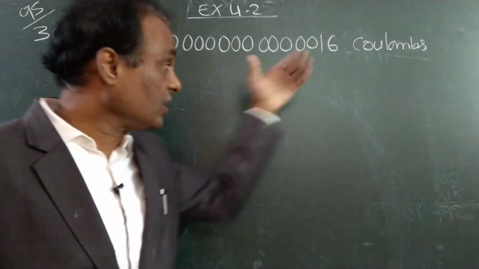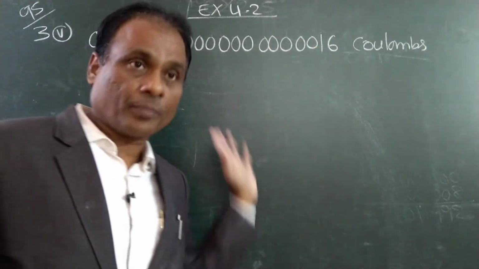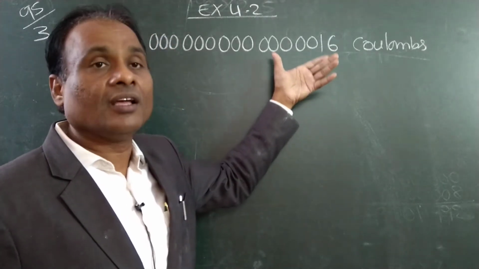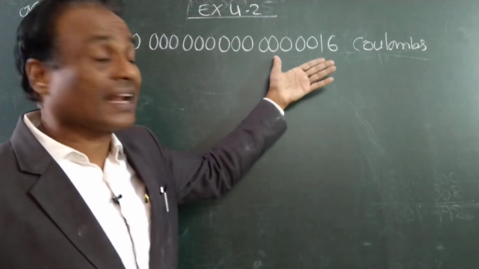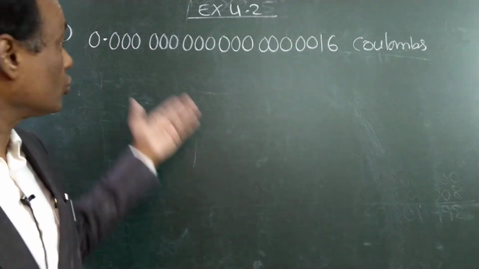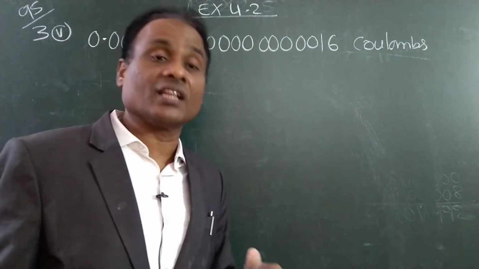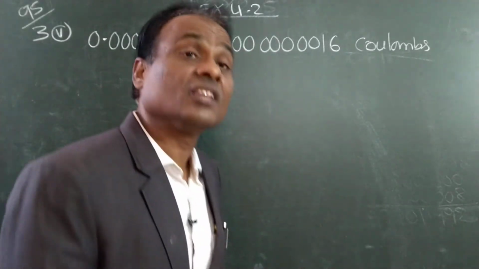If you are repeating this in 2-3 places in your description, every time writing this data is very difficult, you cannot count zeros, so a lot of confusion. This should be changed into another form, that is called standard form.